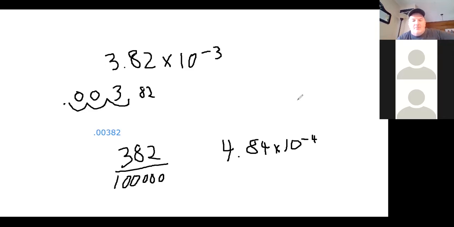Because truly, this is not one of those lessons where it's super difficult. It's just one of those things where I just need to expose you to how to do it. And then if you see it on the test, you're going to go, oh, I remember how to do this.